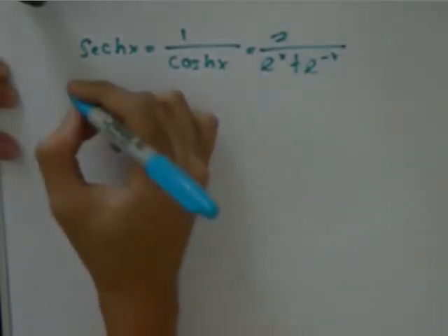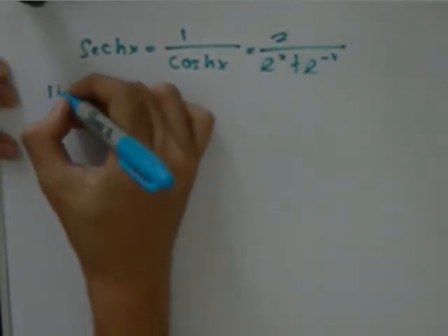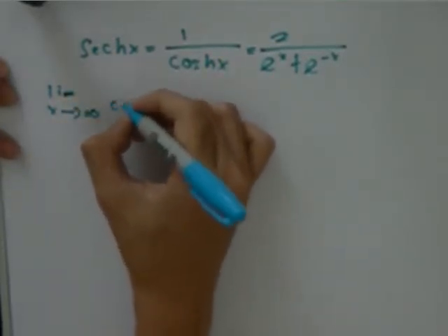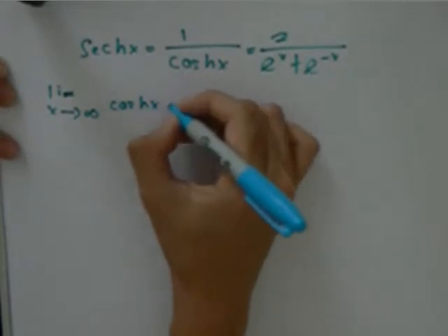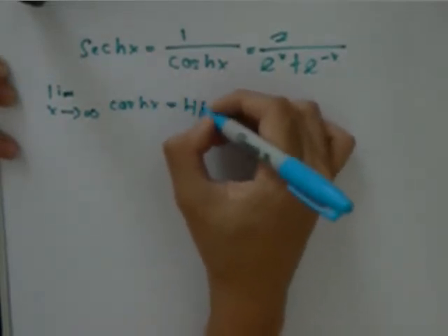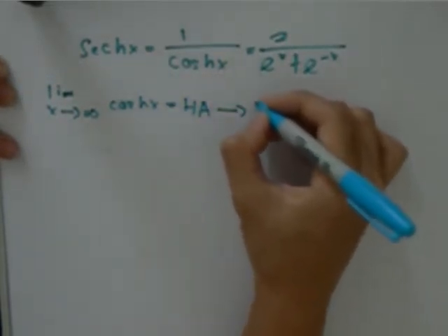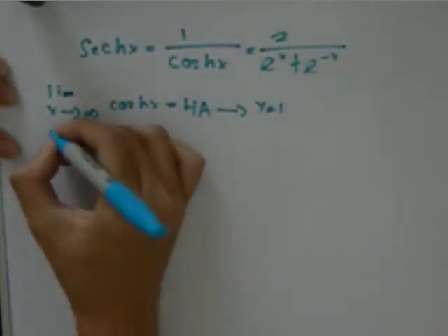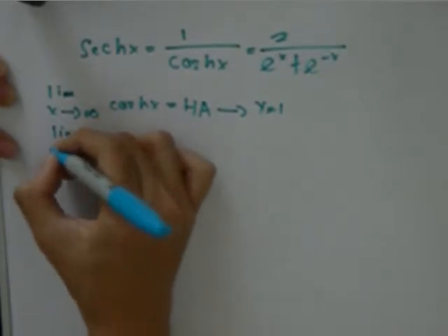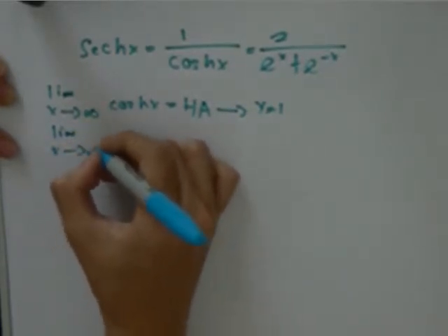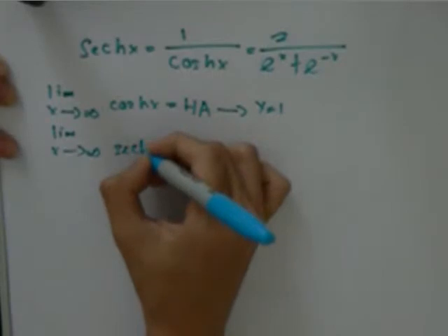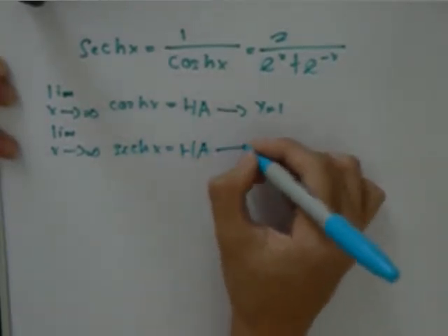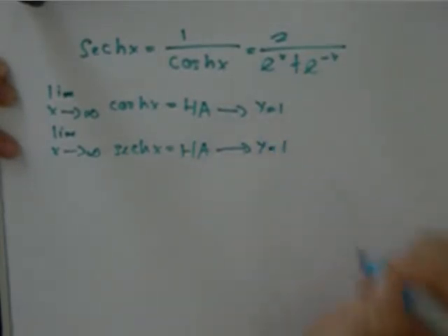As proven in cosine hyperbolic x, if we take the limit as x approaches infinity of cosh x, we find that the horizontal asymptote is y equals 1. And if we do the same thing for secant hyperbolic x, the limit as x approaches infinity of sech x, we come to the same conclusion that the horizontal asymptote is y equals 1.